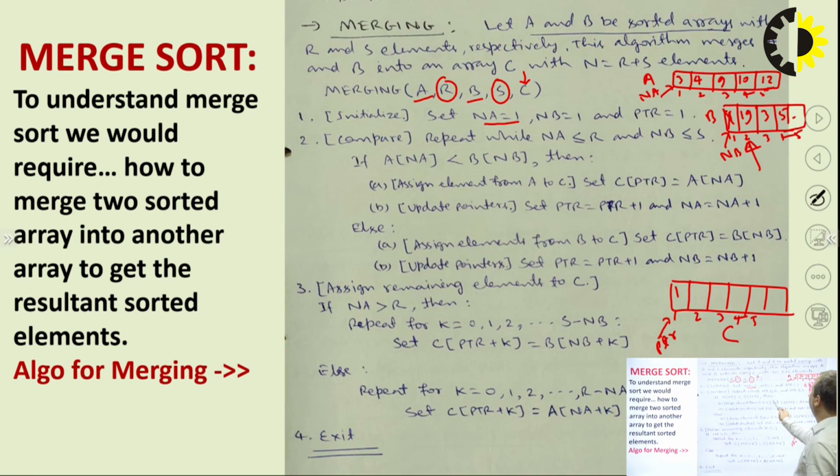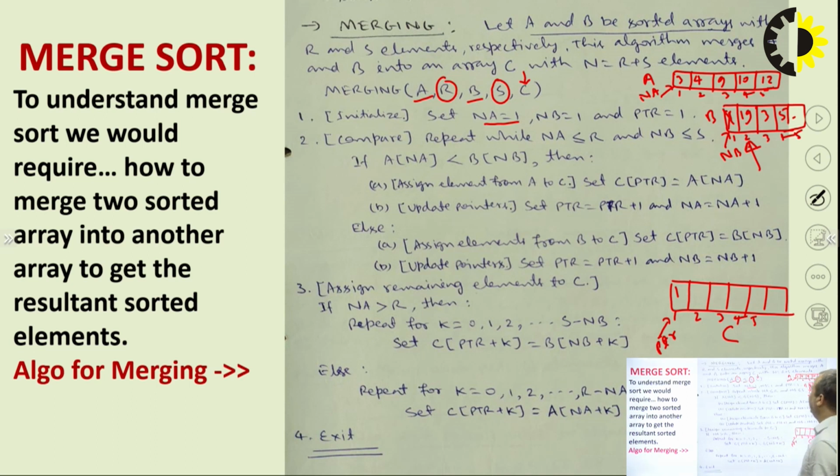So assign element from A to C if A[NA] less than B[NB], else part में क्या हो जाएगा? इसका reverse, means this one will be greater, not lesser. So if this one will be greater, means this one will be smaller. So we assign C[PTR] equal to B[NB], and PTR will be in starting what we have initialized into PTR 1.